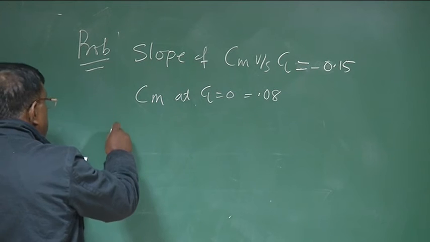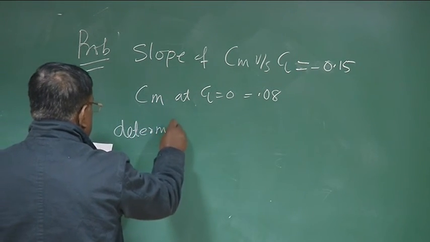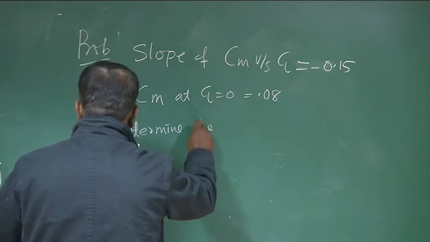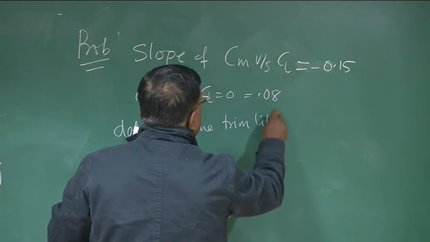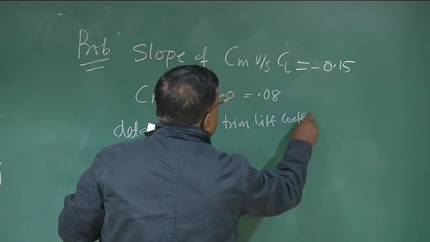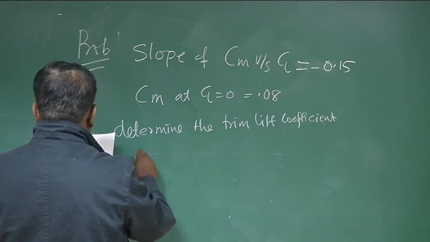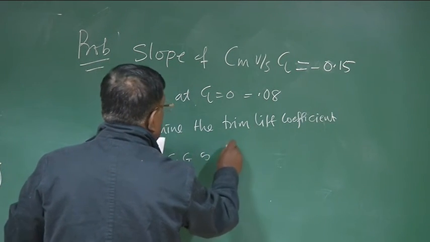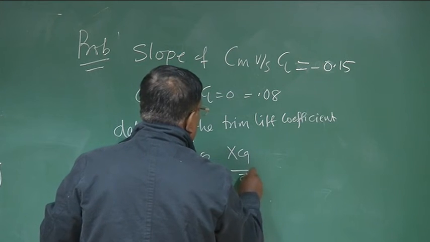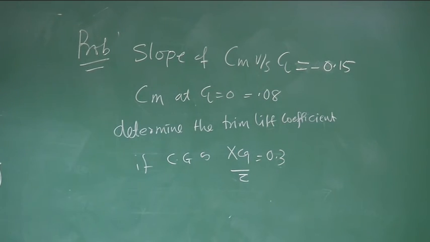The question is, determine the trim lift coefficient, that is CL, if the CG, XCG by C bar, is 0.3. Let me again repeat the problem for you to understand.